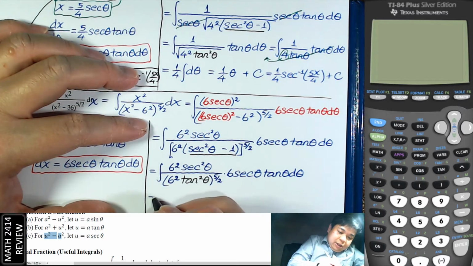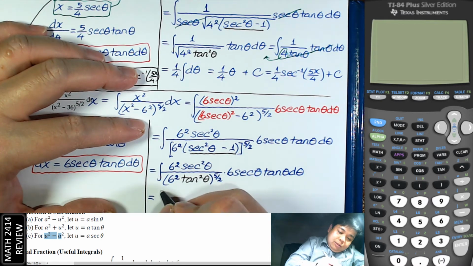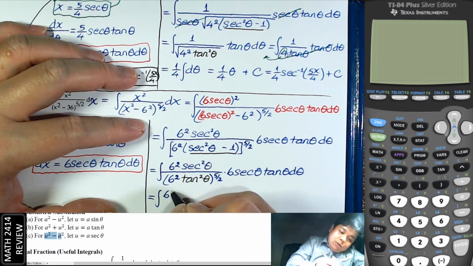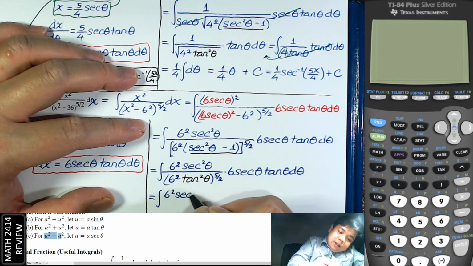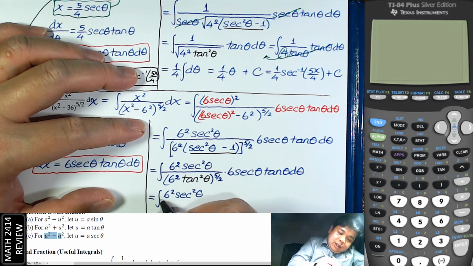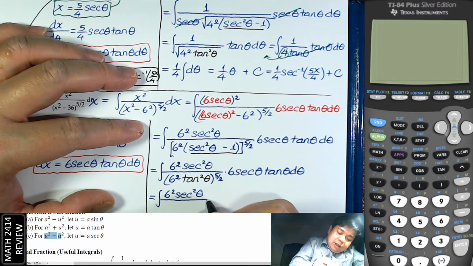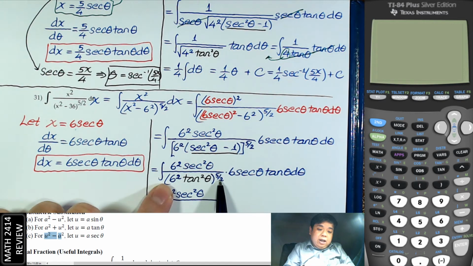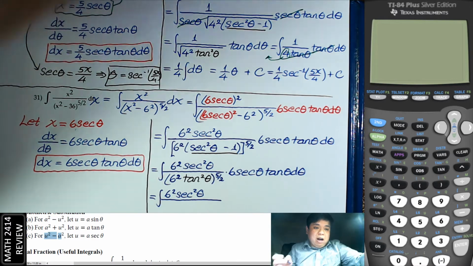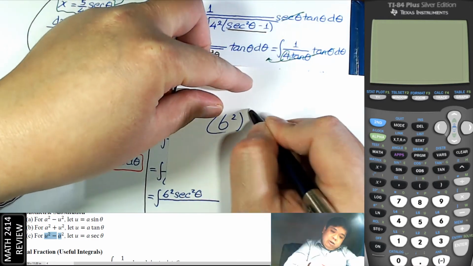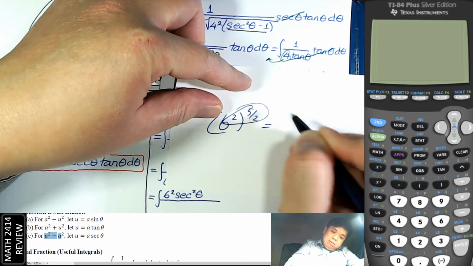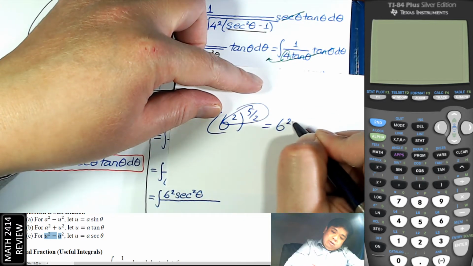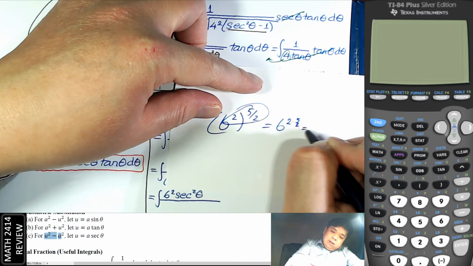Okay. 6 squared secant squared. The bottom, 6 squared to that, so we have power to another power, 6 squared to the 5/2. Multiply the powers together, 2 times 5/2, so 6 to the 5th.